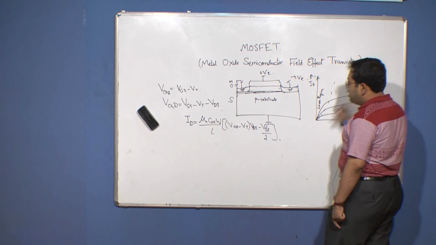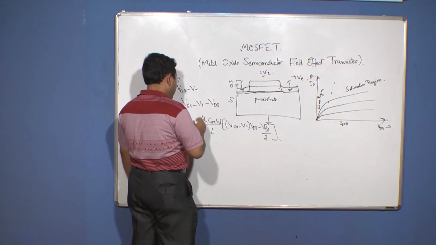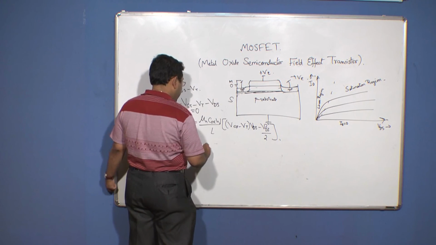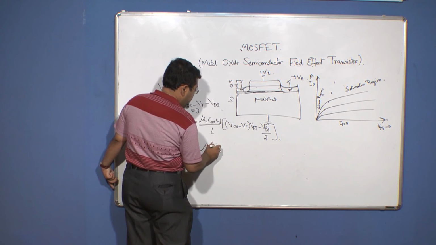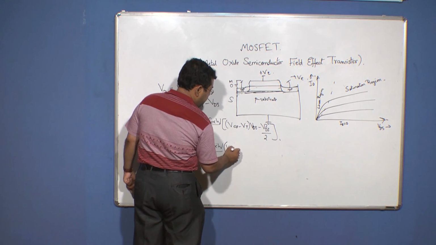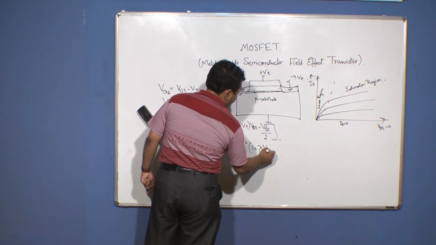So, this is basically the drain current equation at the active region. At the cutoff region, it is equal to 0. At the saturation region, it is basically given by mu n COX W by L into VGS minus VT whole square into 1 plus lambda VDS.